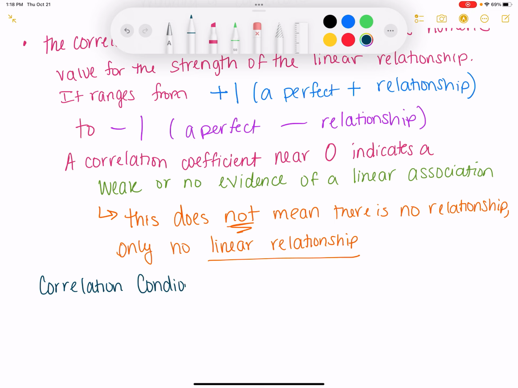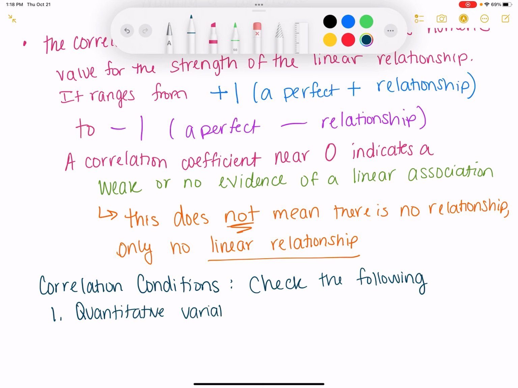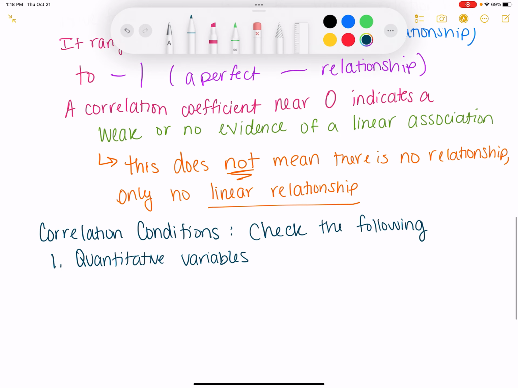Correlation conditions. I can't spell. This is a problem. Check the following. 1. Quantitative variables. 2.